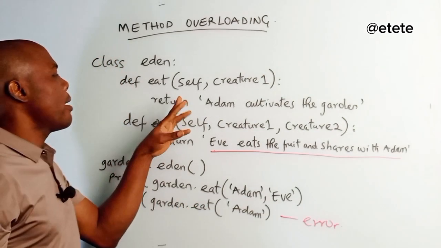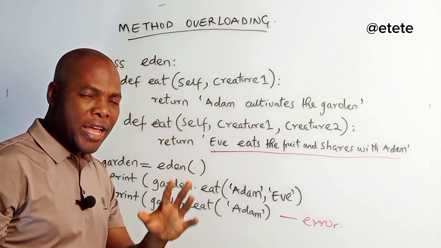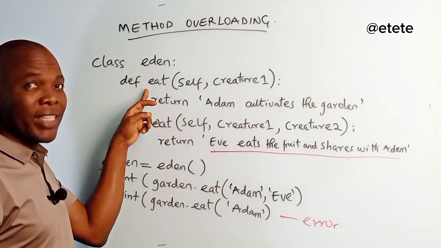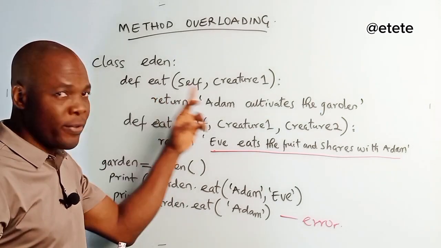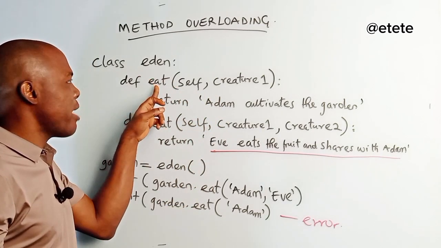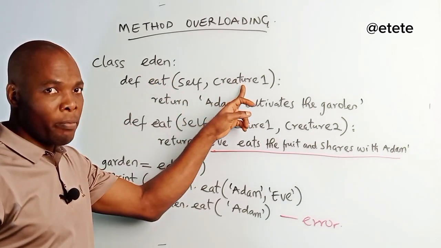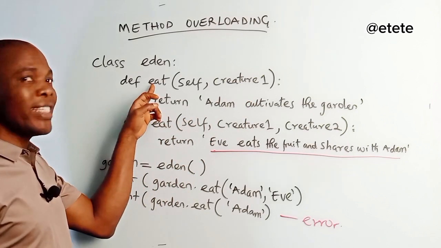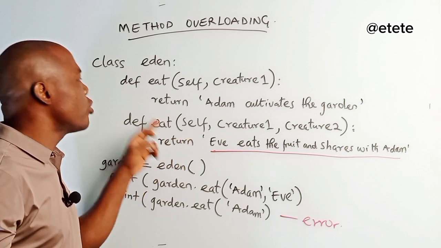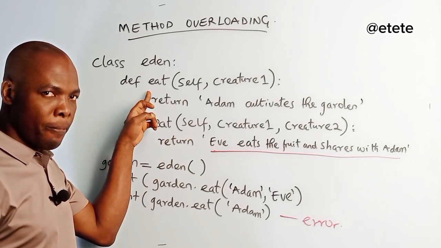Because Python does not directly implement method overloading, where you are having the same method name, but different parameters supplied to it. So what Python does is, because you have created this one, and then you have supplied this to it, then you are creating the same method again with the same name. Yeah. So this one is going to override this one.